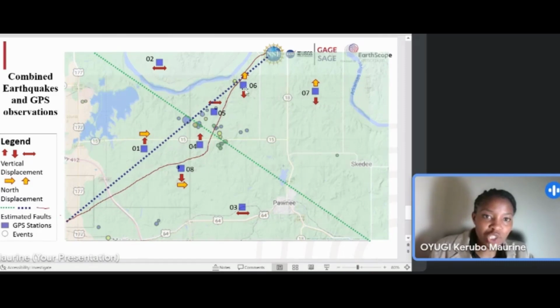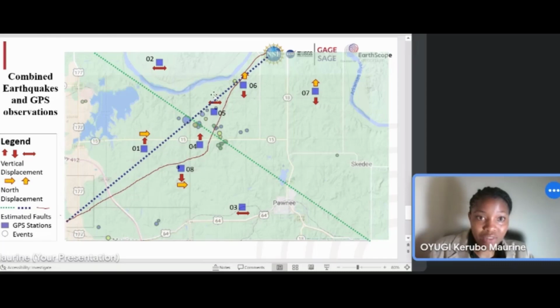Therefore, we see that stations such as 06 and 07 and even 08 are experiencing a down displacement, which indicates subsidence, while stations such as 04 and even 01 have an up arrow indicating that they are uplifting. This is an indication, therefore, that this region is divided into two sections.